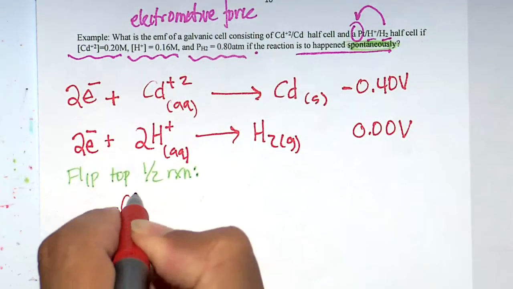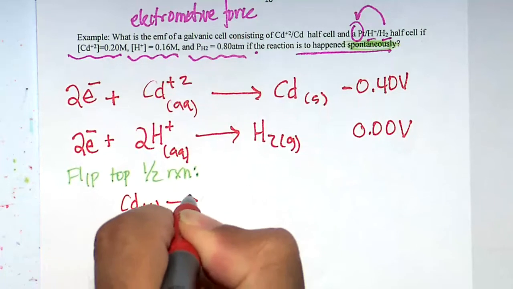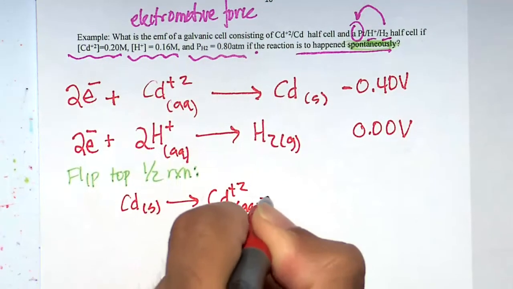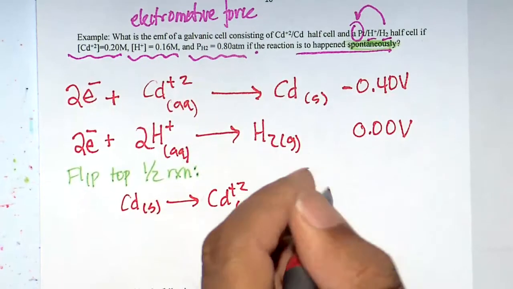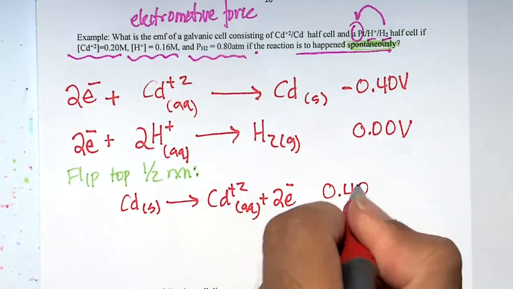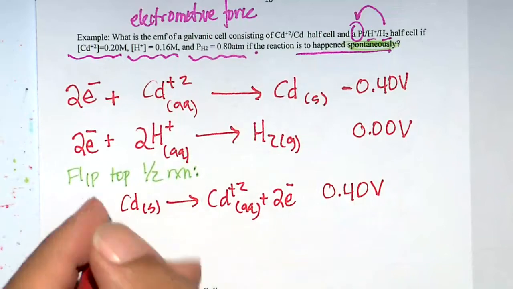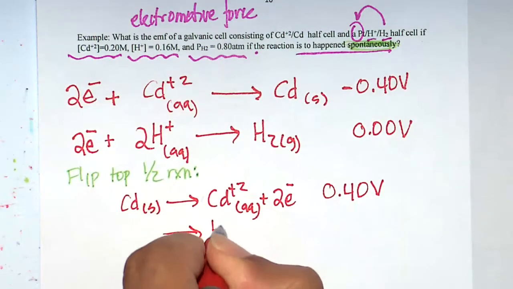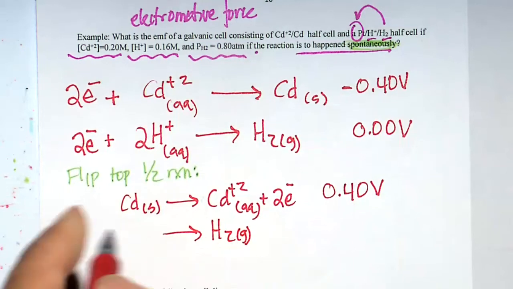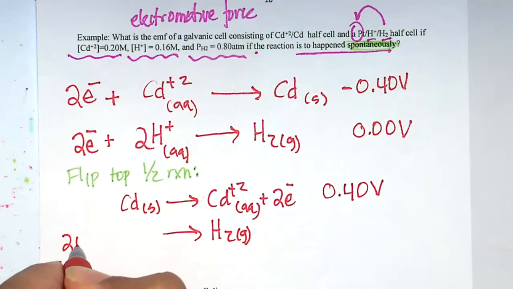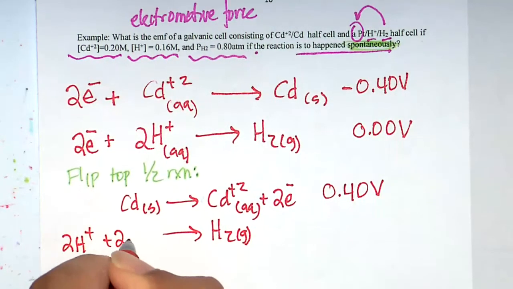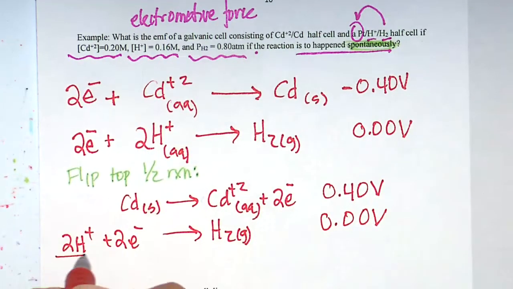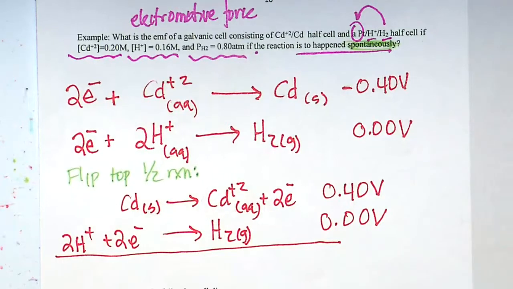We will get cadmium solid goes to cadmium plus 2 aqueous plus 2e minus. Let's flip that sign to 0.440 volts. Very good. We'll leave the bottom the same. 2H plus plus 2e minus, 0.0 volts. And this is a 2 electron transfer reaction.